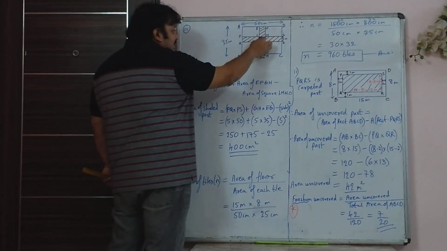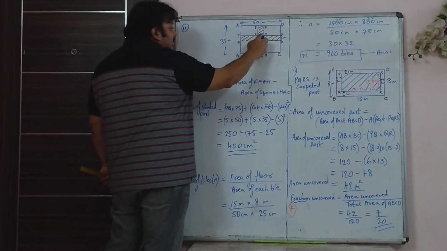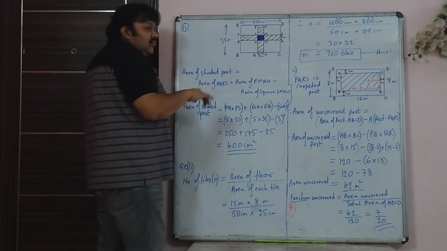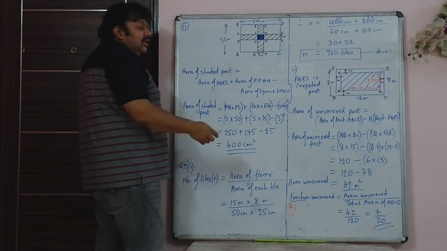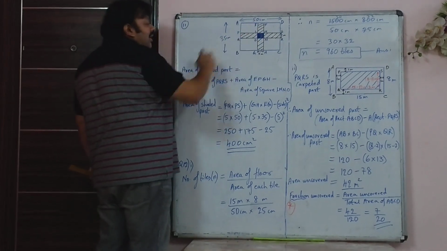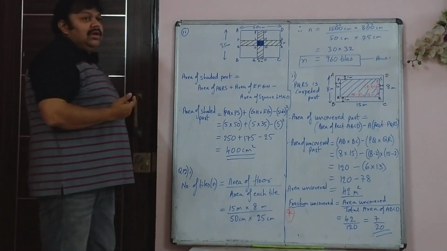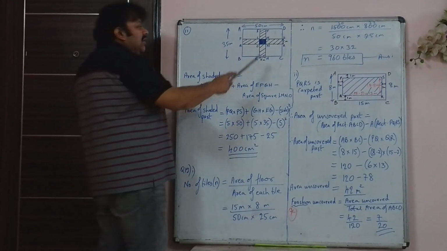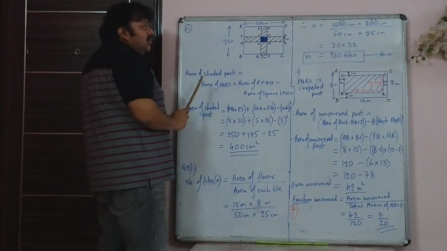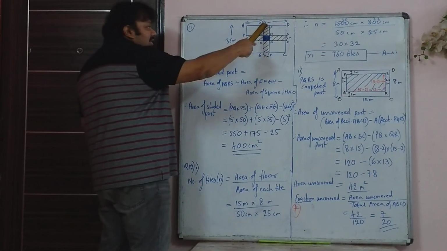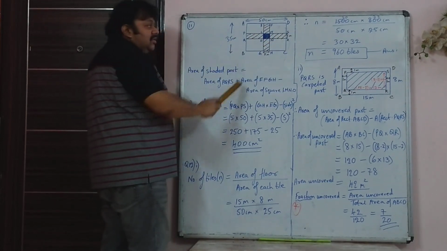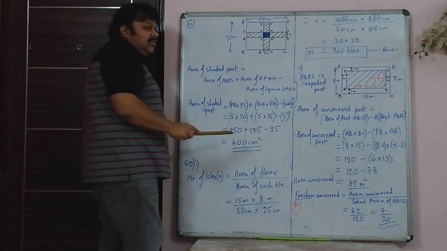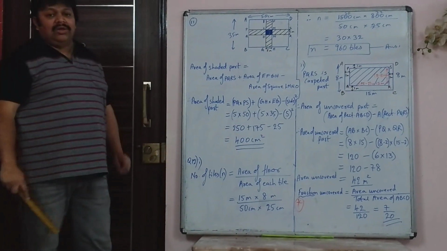Because if I take this and this both complete, then I have to remove that square area from the answer. If I take this entire thing once and this entire thing once, then that square area is being repeated 2 times. It should only come once.